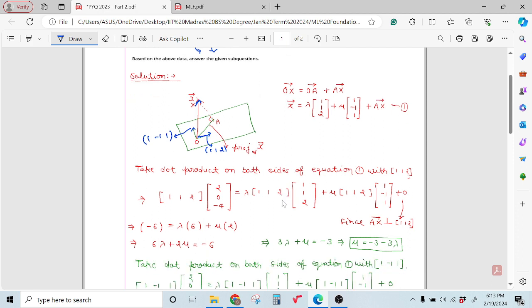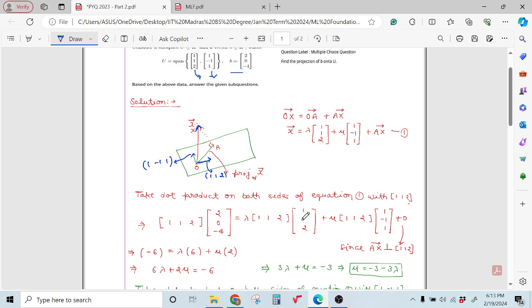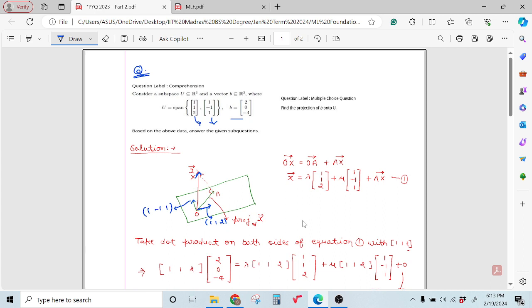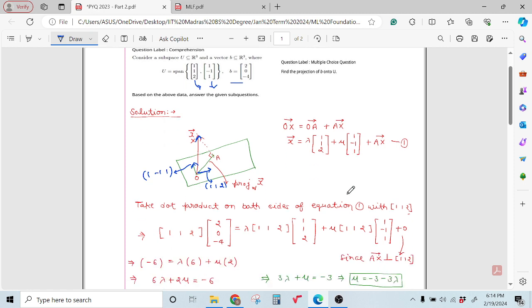The AX term is 0, because vector AX is perpendicular to both of these spanning vectors, since they lie in this plane and the AX line is perpendicular to this plane. So since AX is perpendicular to 1 1 2, the dot product of these two vectors will be 0.